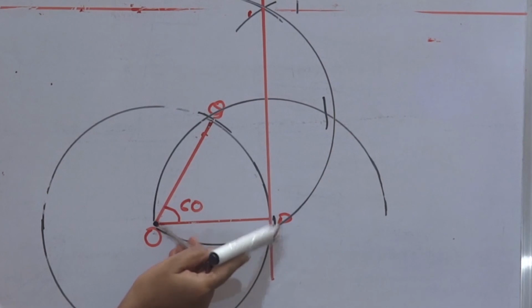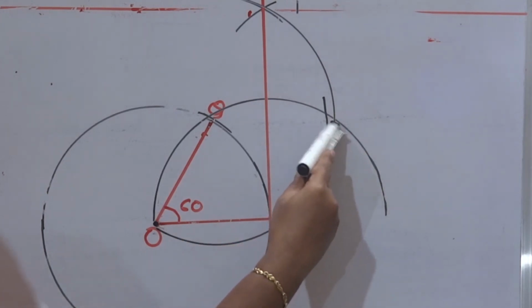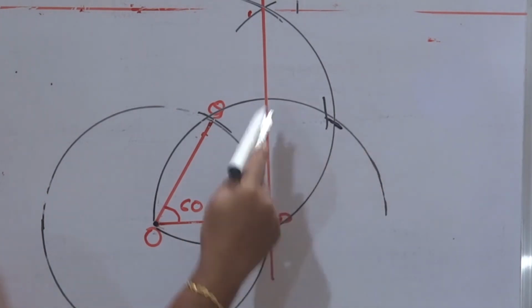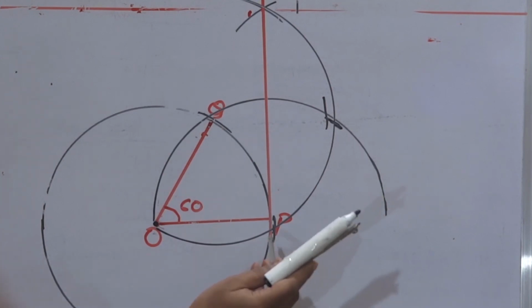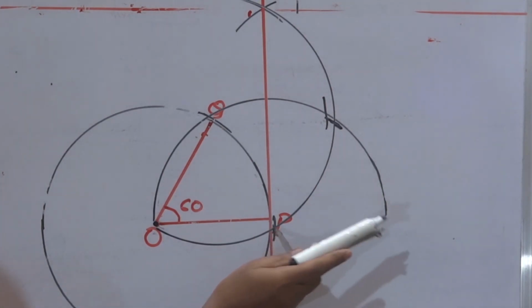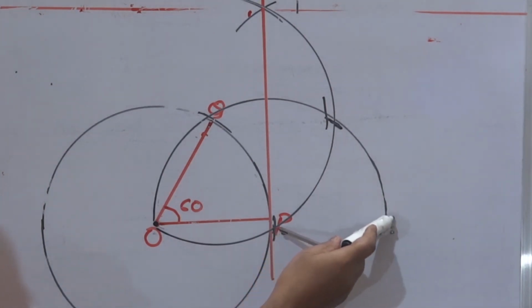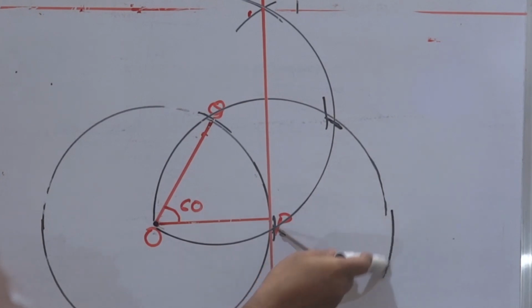We will make marks on the already drawn semicircle. Now, keep the needle of the compass on these two arcs.